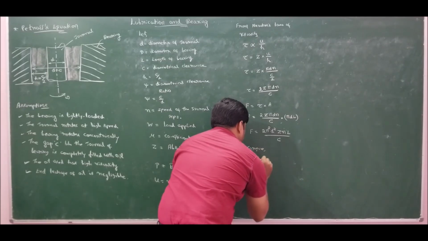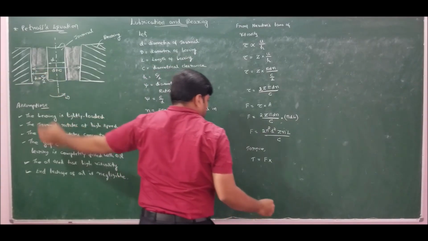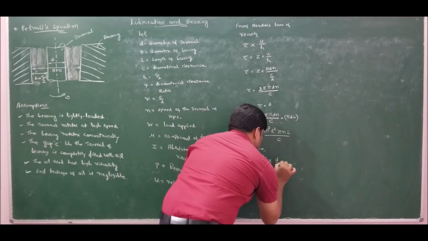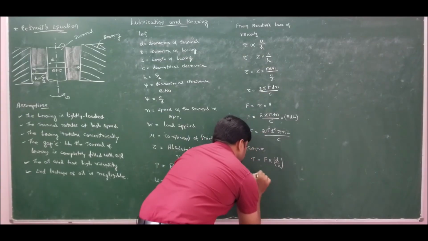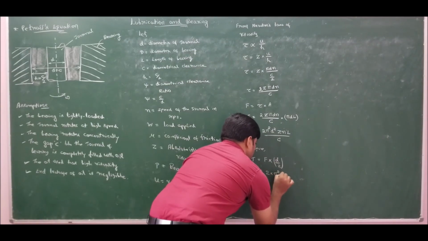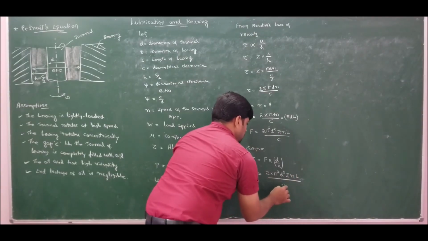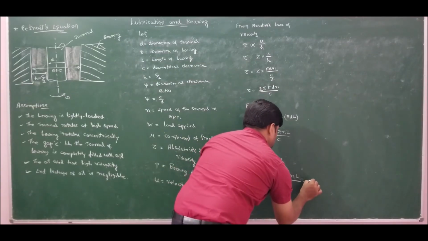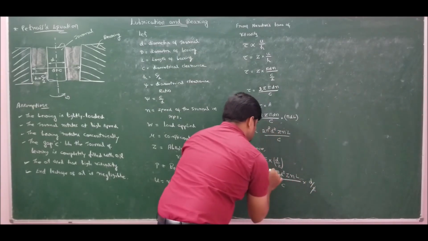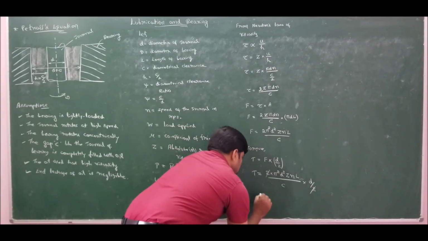So the torque will become torque T is equal to force into perpendicular distance. The perpendicular distance is diameter by 2, that is d by 2. Hence the torque will be 2 times pi square d square Z n L divided by diametrical clearance C times d by 2. Let us cancel off 2 and 2. Now I can write C by D as xi.